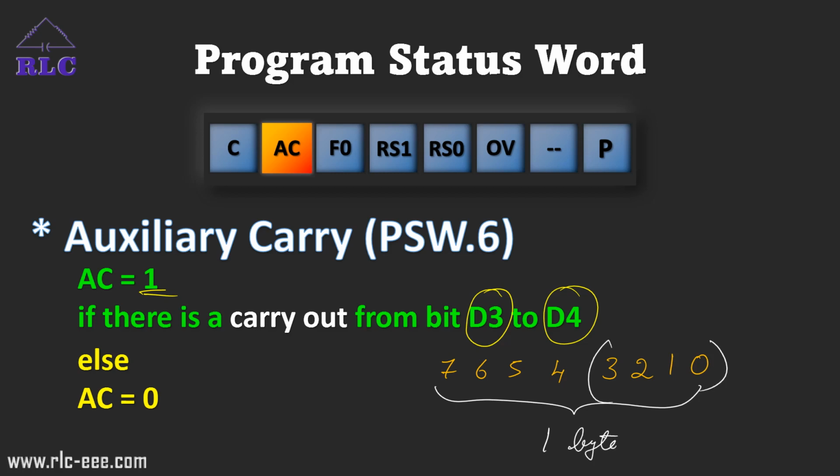So these 4 bits together, we call a nibble. When there is a carry being generated from the lower nibble to the upper nibble, then the auxiliary carry will be set to 1. We'll see with an example, so it will be easier to understand.